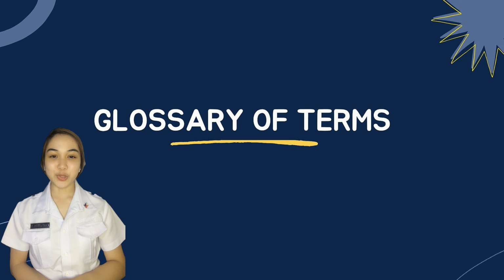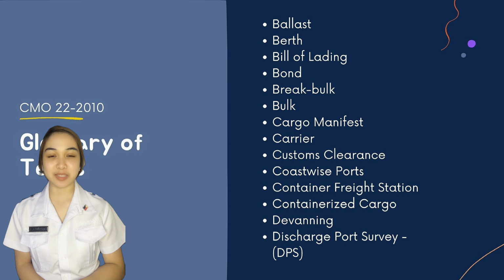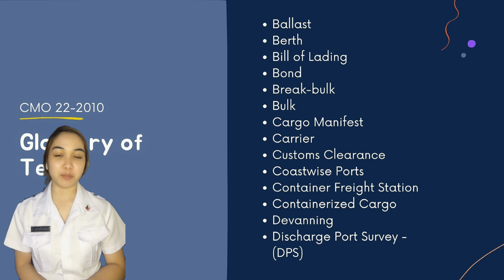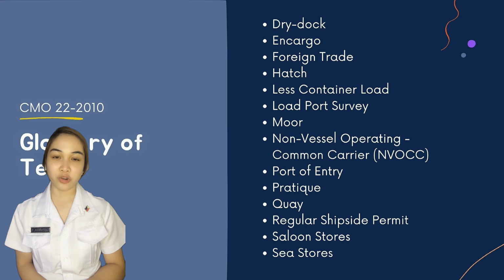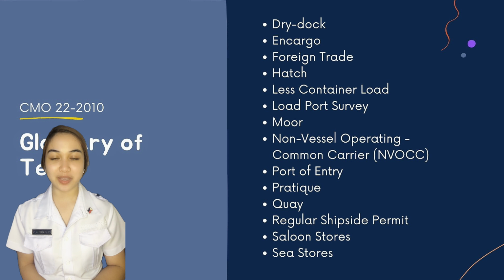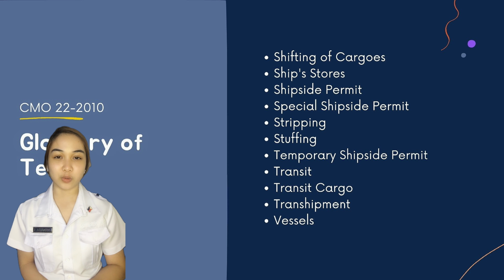22-2010. So let us know more about this glossary of terms, namely the ballast, berth, bill of lading, bond, break bulk, cargo manifest, carrier, customs clearance, Coastwise Ports, container freight station, containerized cargo, Devanning, discharge port survey or the DPS, dry dock and cargo, foreign trade, hatch, less container load, load port survey, more, non-vessel operating common carrier or the NVOCC, port of entry, Pratique, K, regular Shipside permit, Saloon Stores, sea stores, shifting of cargoes, ship stores, Shipside permit, special Shipside permits, tripping, stuffing, temporary Shipside permit, transit cargo, transshipment, and vessel.